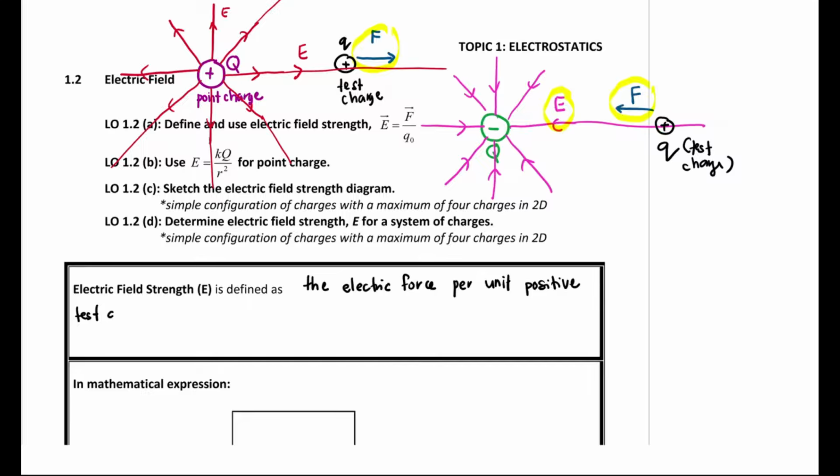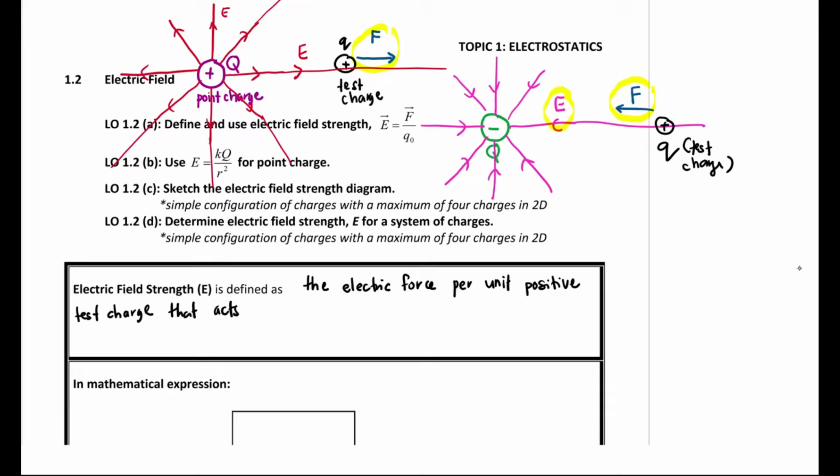So, kita tulis dekat sini, E, electric field, and it is a vector quantity, is equal to the force, the electrostatic force on the test charge per unit positive test charge. Okay? So, E is the electric field strength. Lengkap kan? Okay?